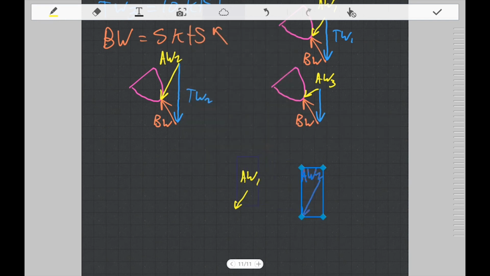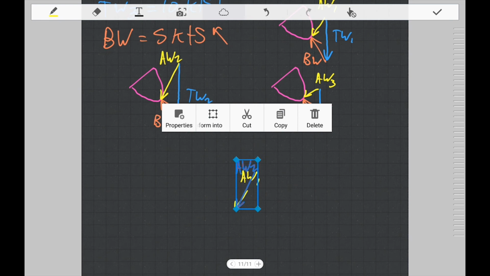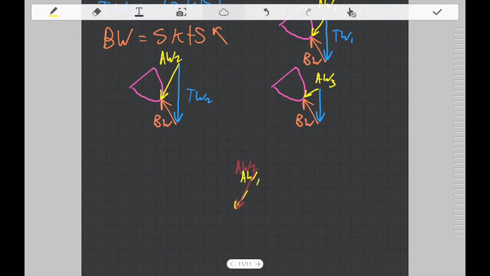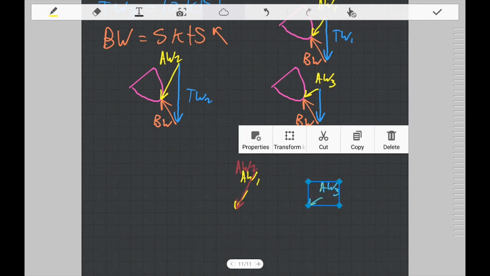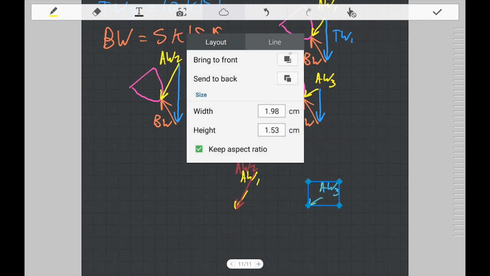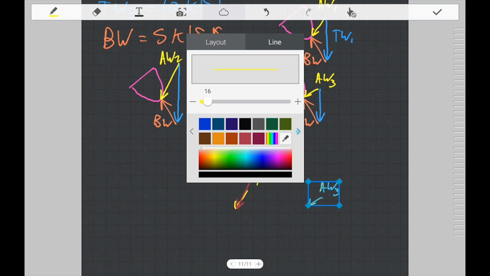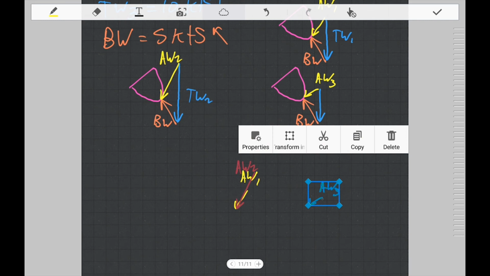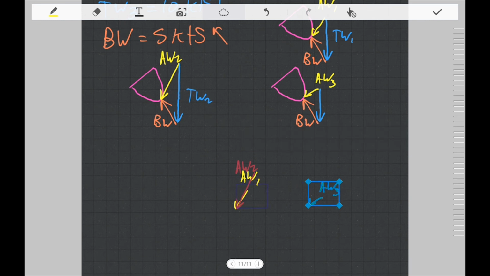And if we line that up tip to tip, we can see the direction that the apparent wind is shifted. Now I'm going to take the third apparent wind and I'm going to copy it, and I'll make it green. So if I move that one in, we should see a pretty dramatic change in the direction.